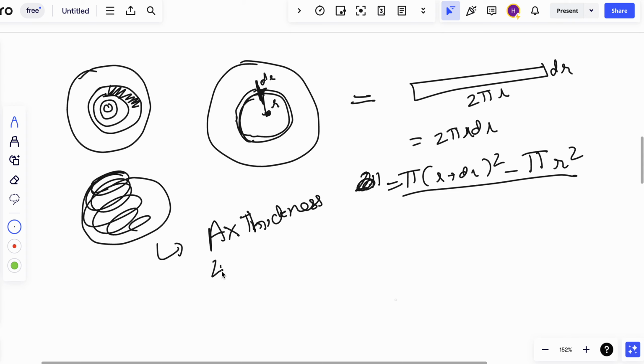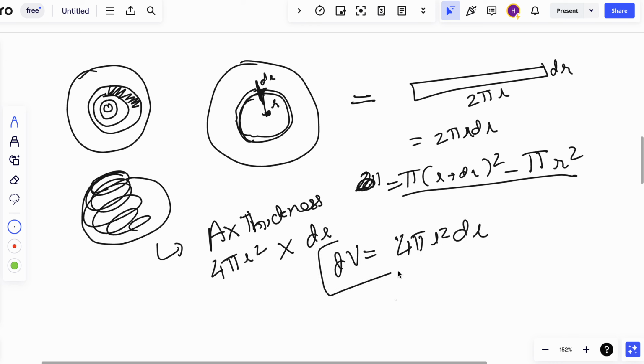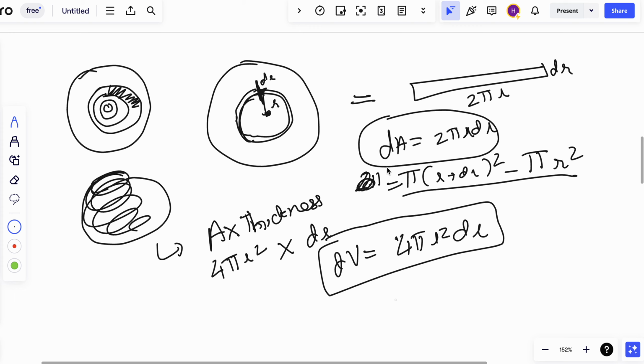Surface area of a sphere is 4 pi r square into the thickness. Thickness will be the same, dr. So dv is equal to 4 pi r square dr. So you are able to get the small volume partition of it. Here you are able to get the small area partition of it. So this will be your dA, this will be your dV.